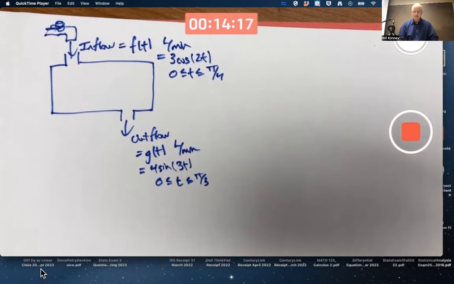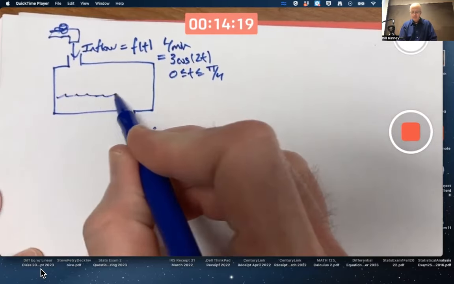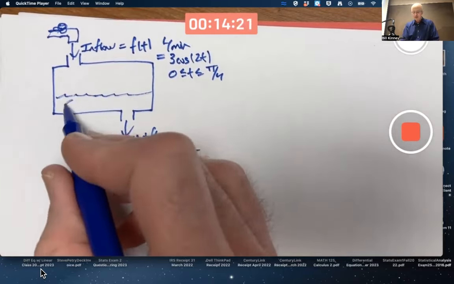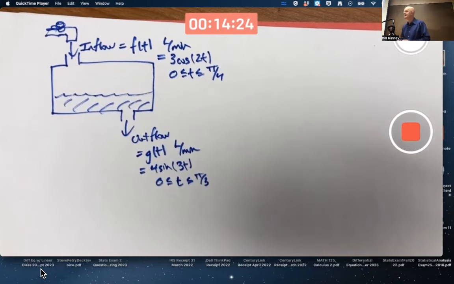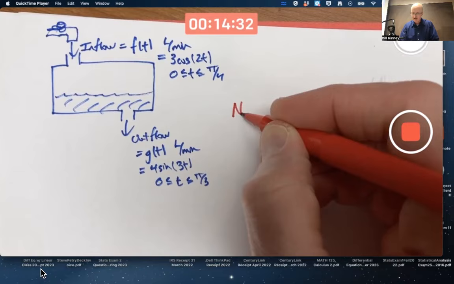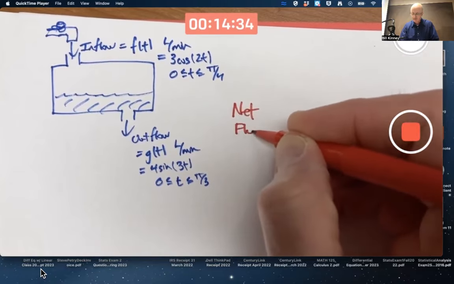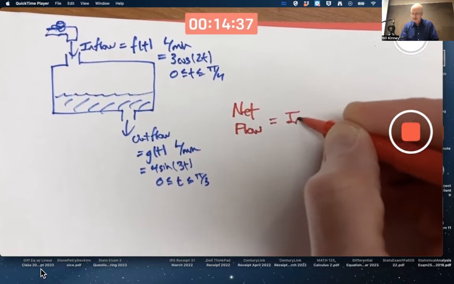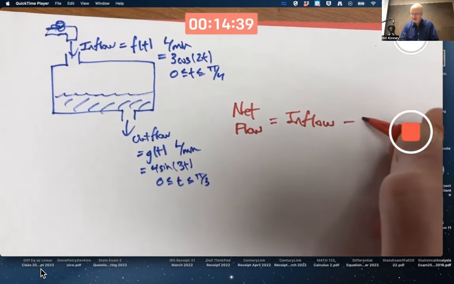To figure out whether the volume of water in liters is increasing or decreasing, I hope it makes sense. You'd want to think about what you could call the net flow rate, or the net flow for short, as the inflow minus the outflow.